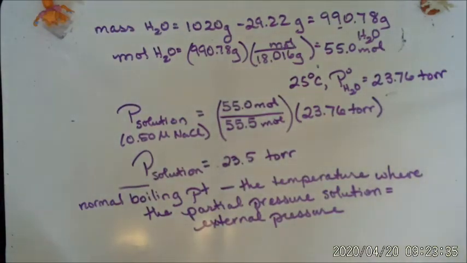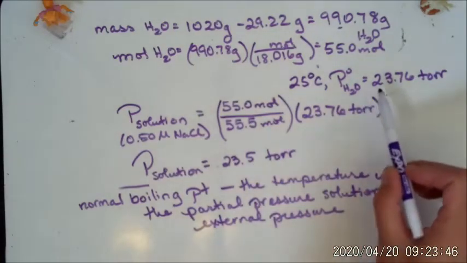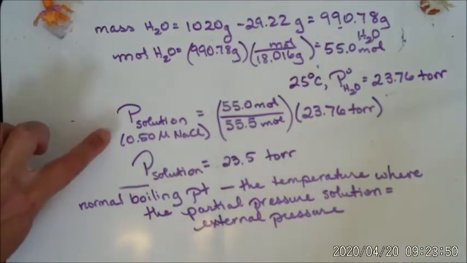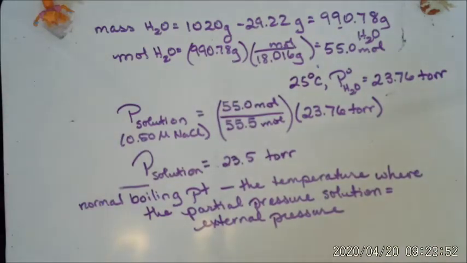Basically we could say this: if we had my normal solvent, water, at 100 degrees, then my partial pressure here would be 760. But would my solution be boiling? The answer is no, it wouldn't be boiling, because 55 divided by 55.5 times 760 is equal to 753.